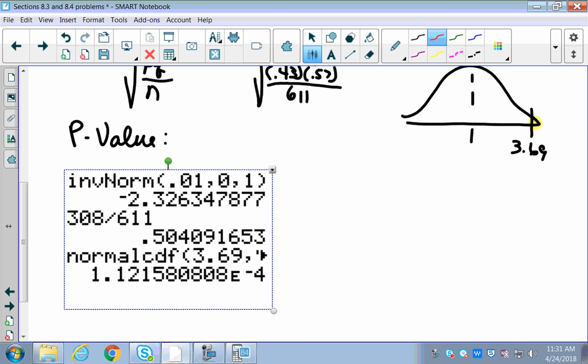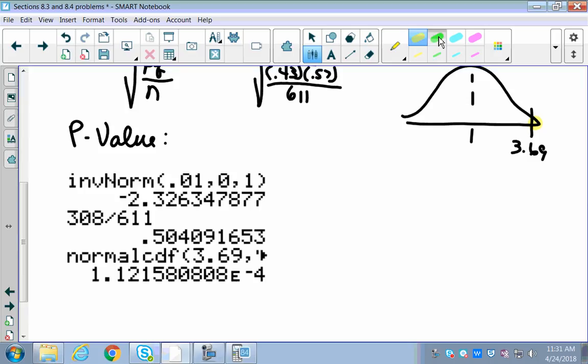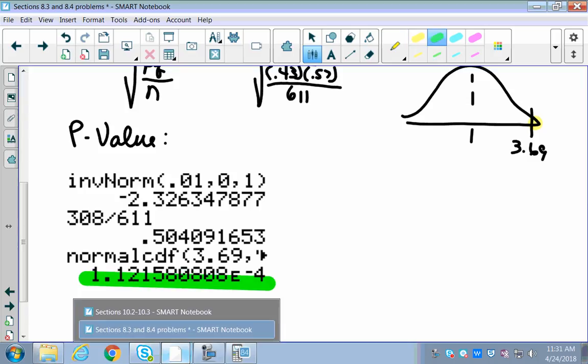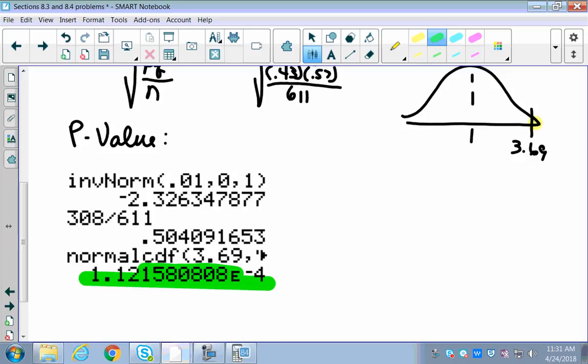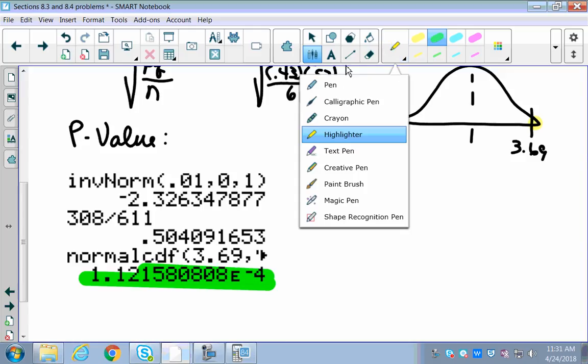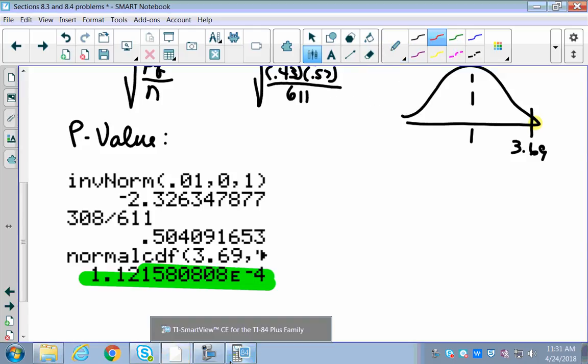Okay. So it says down here, this number is my p-value. What does that mean? So that -4 means it becomes a smaller number, and I'm going to move that decimal point 4 places.